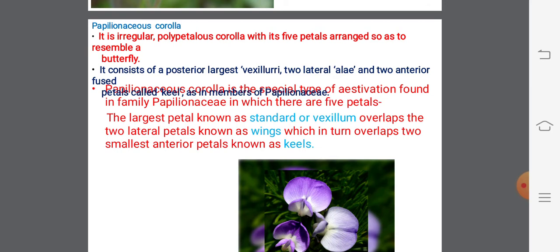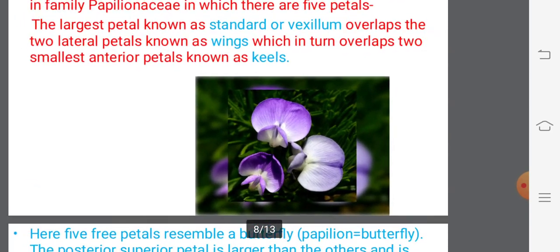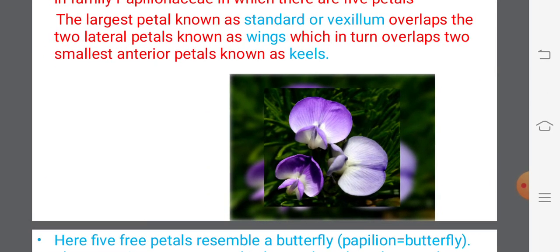Two lateral are called alae, and two anterior are called keels. You see this in some members like Sesbania or Clitoria. The largest petal is also called the standard or vexillum. It overlaps two lateral petals known as wings, which in turn overlap two smallest anterior petals inside.